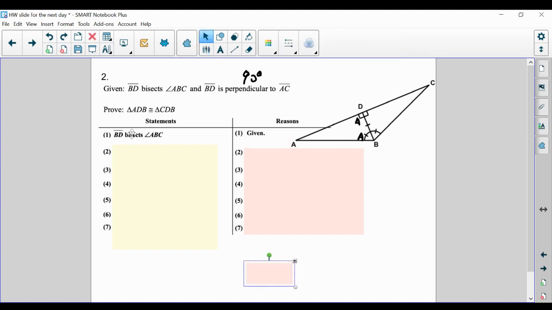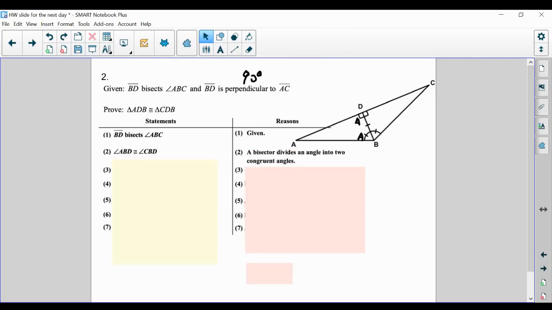By the given information, bisect means cut in half, so the two angles are congruent. Angle ABD is congruent with angle CBD. This is one way, as an example: a bisector divides an angle into two congruent parts. Or you can just say that BD is the angle bisector which cuts the angle into two equal halves.